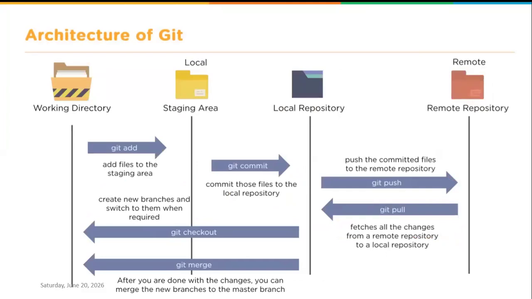The architecture of Git is, as you can see, now you have a working directory. For example, you are developing a system and you are saying this system is called, say, restaurant management system. So actually, you will have a working directory where all your files reside.